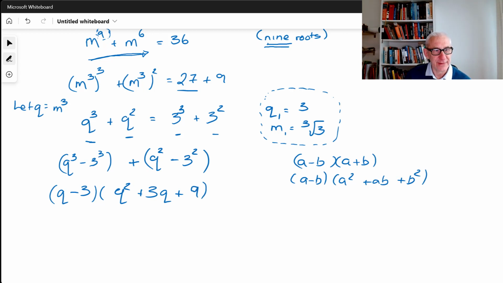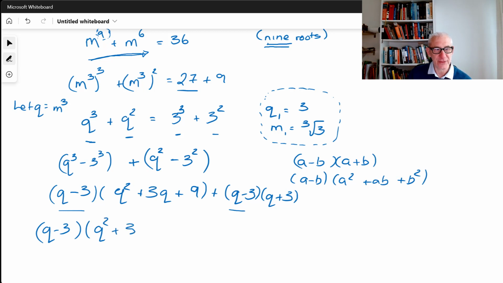We add to that this one, which is q minus 3 times q plus 3. And we should see then that we've got a common factor that we can take out. Let's do that. q minus 3 into q squared plus 3q plus 9 plus q plus 3. We can just tidy this up a little bit.